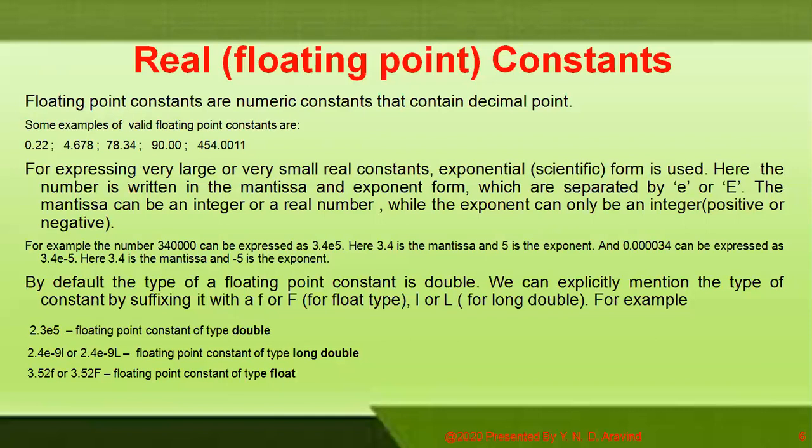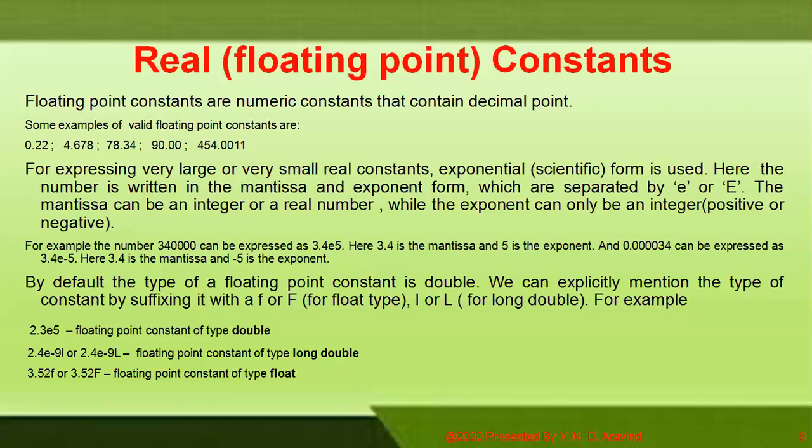When a floating point constant is represented in the exponential form, the value must be suffixed with either a small e or a capital E. So here the floating point constants are the numeric constants that contain the decimal point, like the examples shown here. And for expressing very large or very small real constants, the exponential form is used, where the number is written in mantissa and exponent forms, which are separated by a small e or a capital E.